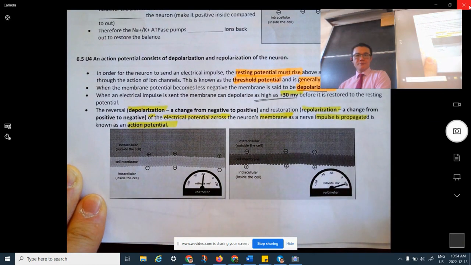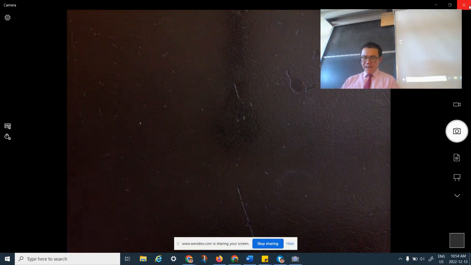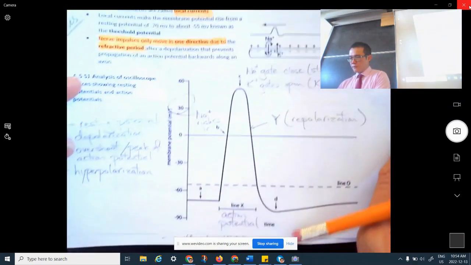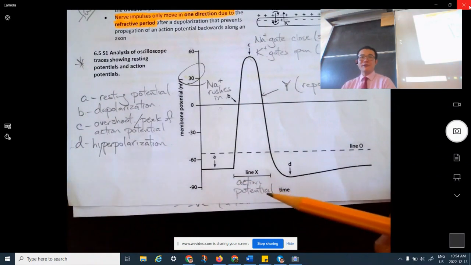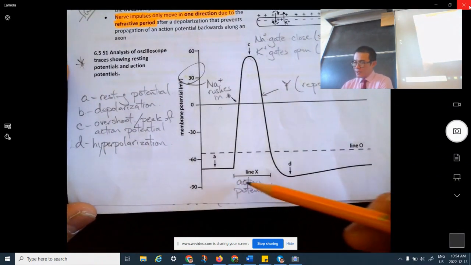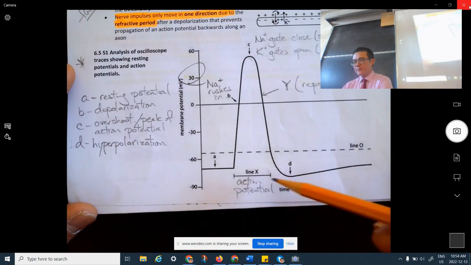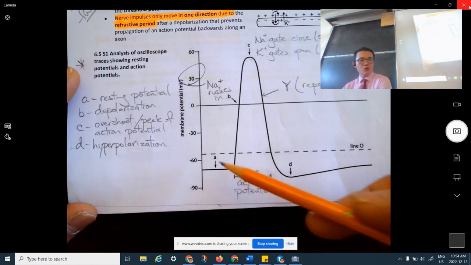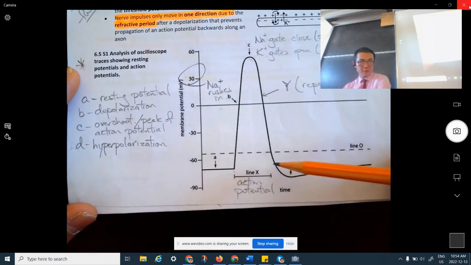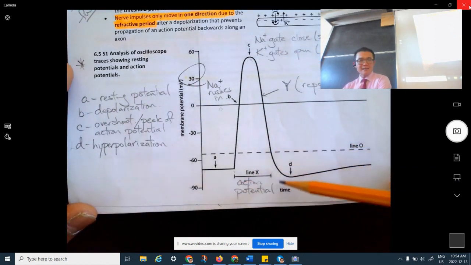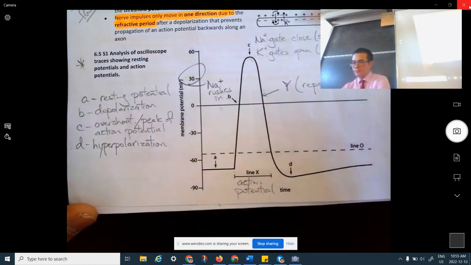Coming back to this graph, this process is being recorded, so you can watch it later. Line X shows the process from depolarizing until repolarizing, and that's called action potential.